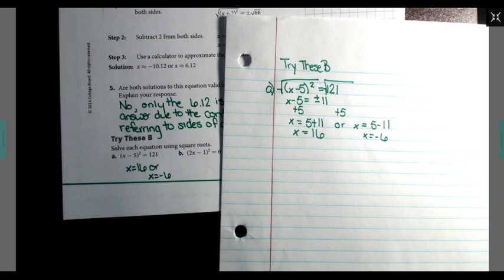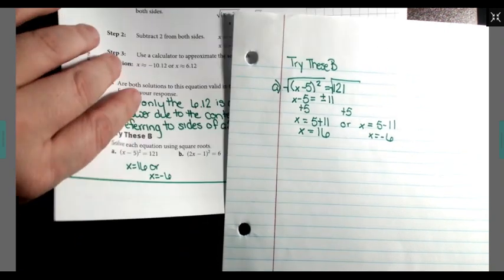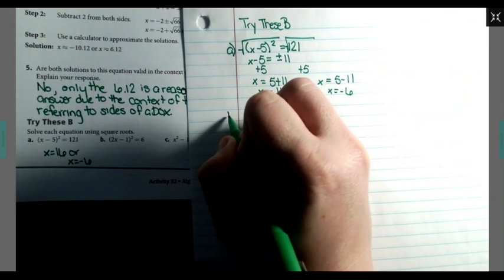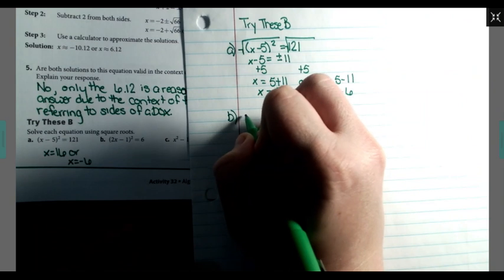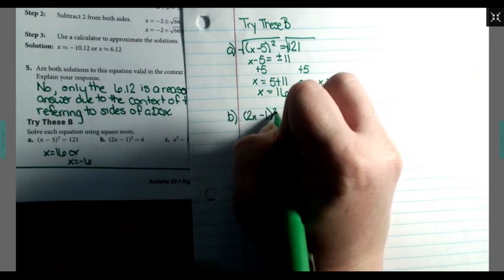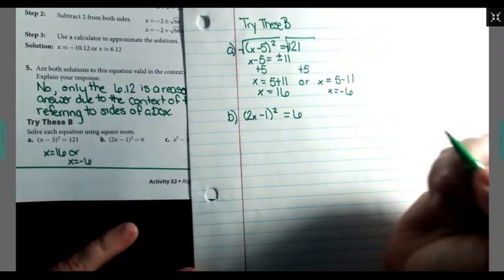Since it doesn't give us a restriction on this being a box of any sort, I can't restrict one answer off the other. They both work for me. Okay? Let's take a look at B. Two x minus 1 squared equals 6.